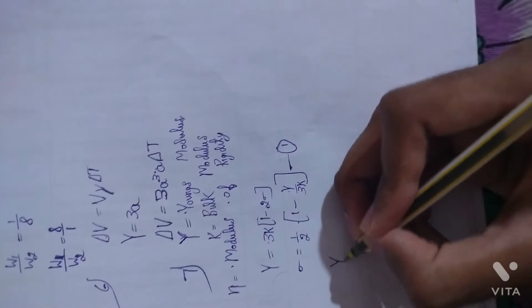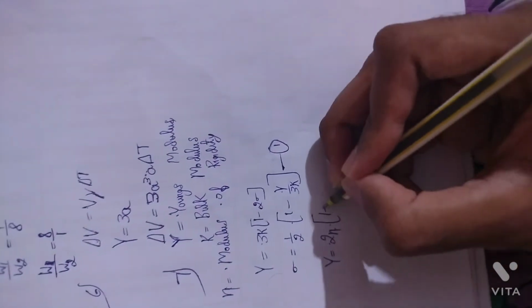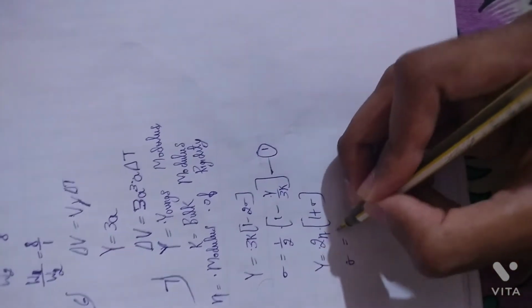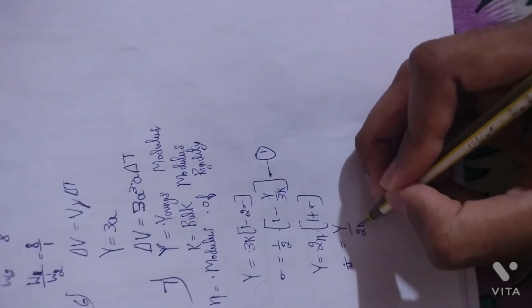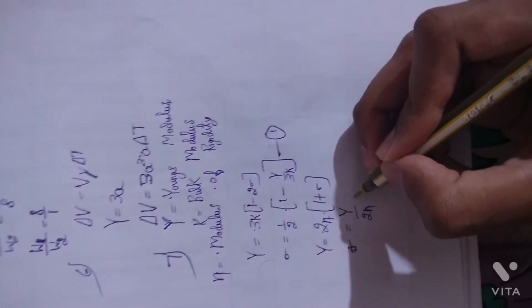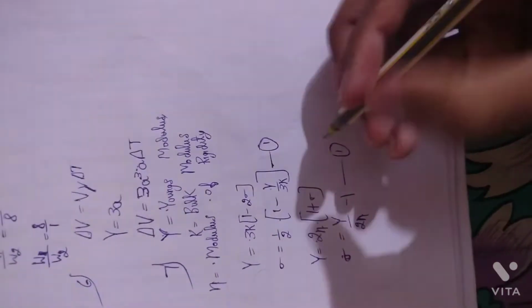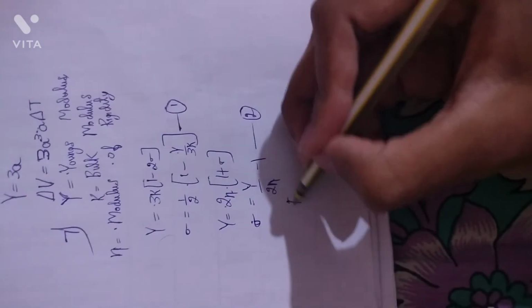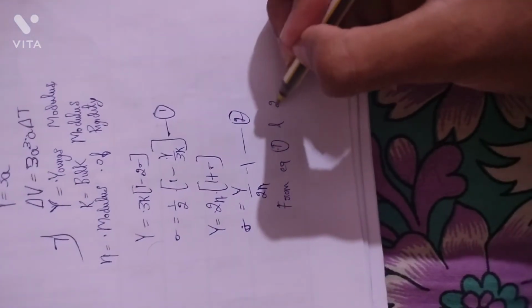Similarly, if we take Y is equal to 2n(1 plus ν), we will get ν is equal to Y/2n minus 1. This is our equation 2. So from equation 1 and 2, let us calculate here only.